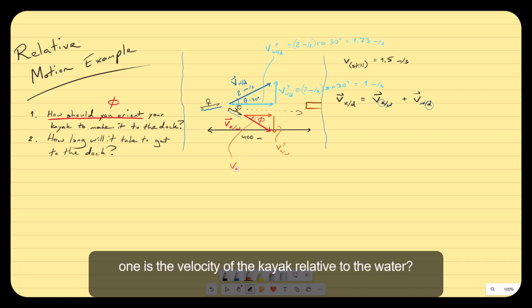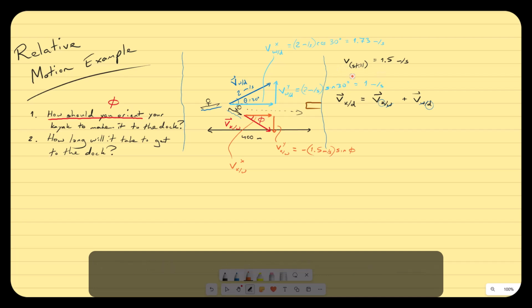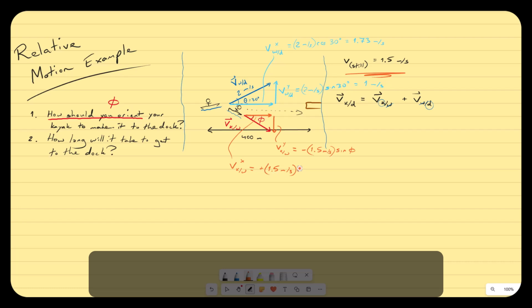This one is the velocity of the kayak relative to the water in x. The kayak relative to the water in y is going to be a negative 1.5 meters per second times the sine of phi. 1.5 meters per second because I know what my velocity in still water would be. And this one is going to be a positive 1.5 meters per second cosine phi.